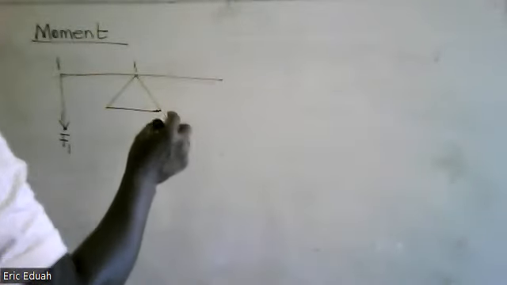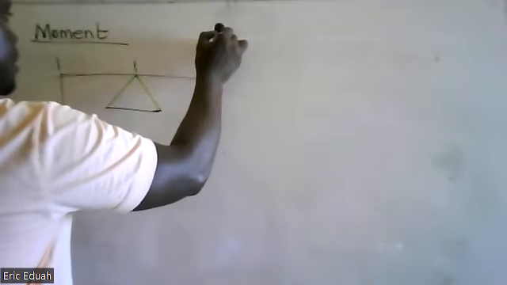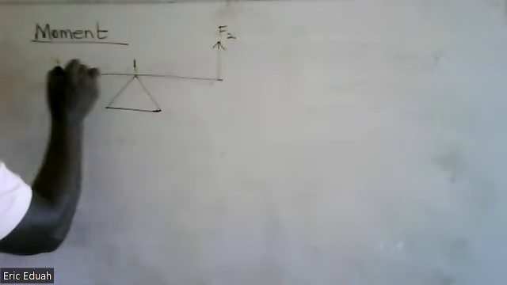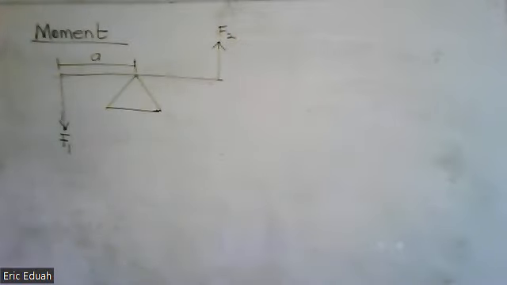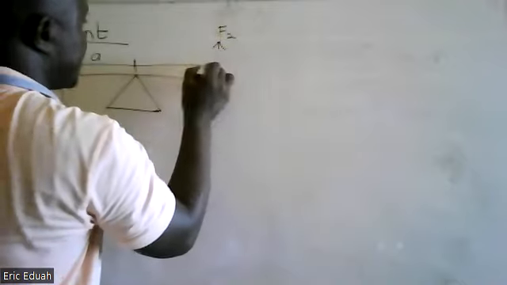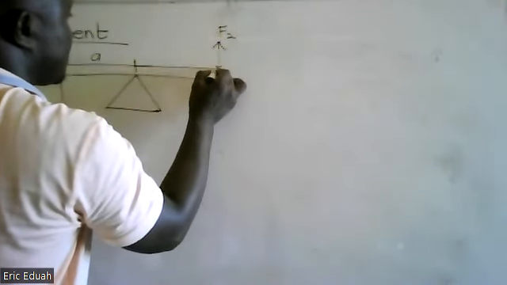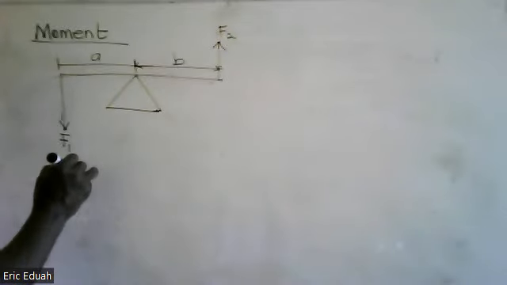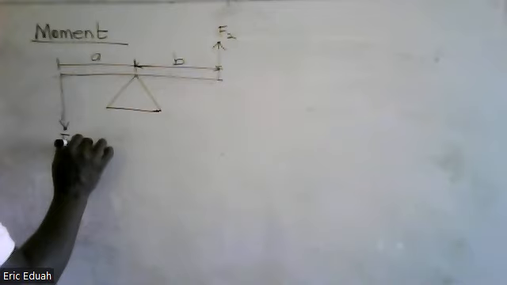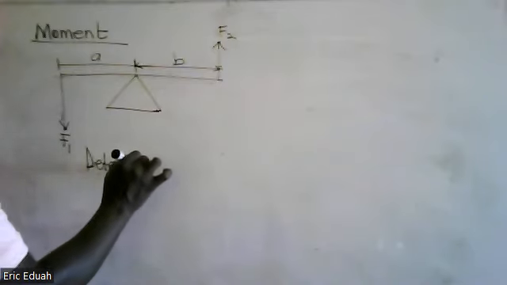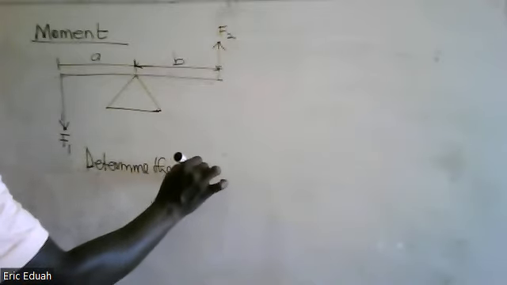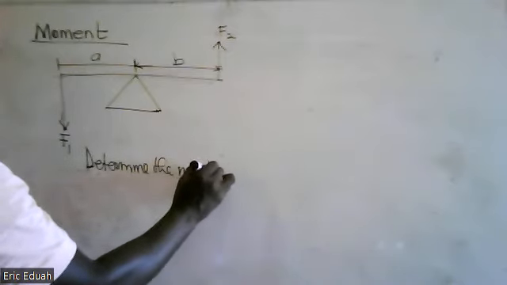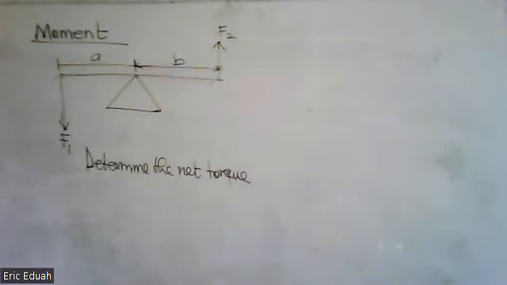So if I have this system where two forces, F1 and F2, act: F1 from the pivot is a distance A, F2 from the pivot is a distance B. Now the question is to calculate or determine the total, or sometimes the word is the net torque.